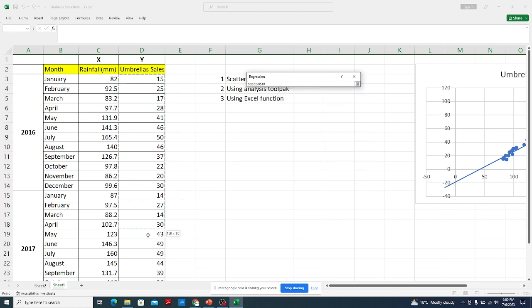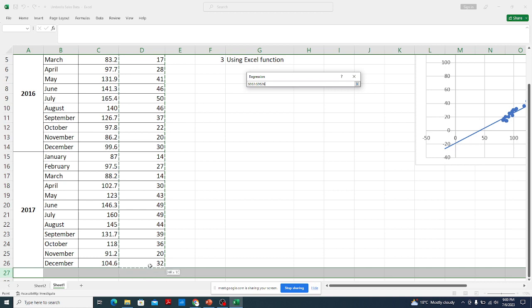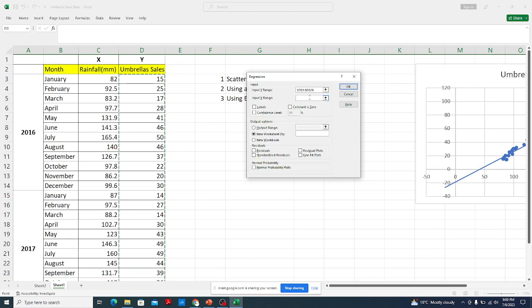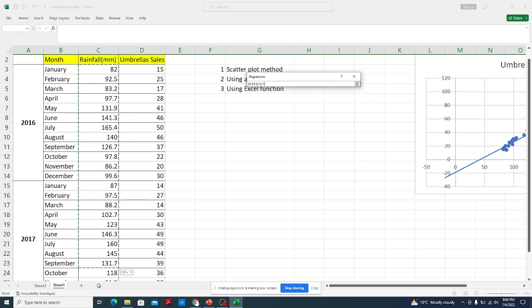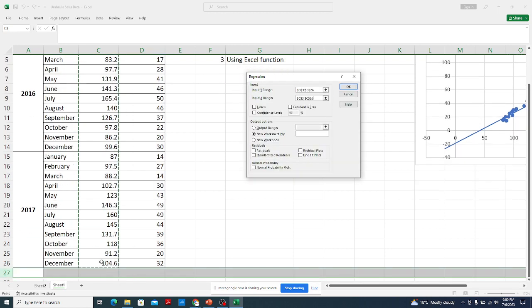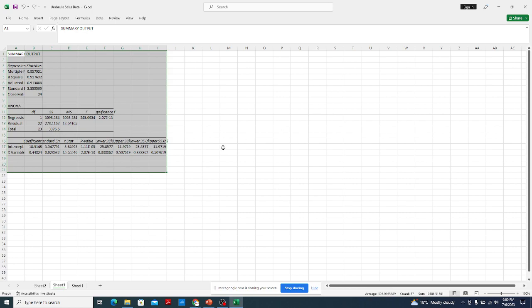You highlight your range of data, then come to the x range and highlight the x range data. Then you say okay.